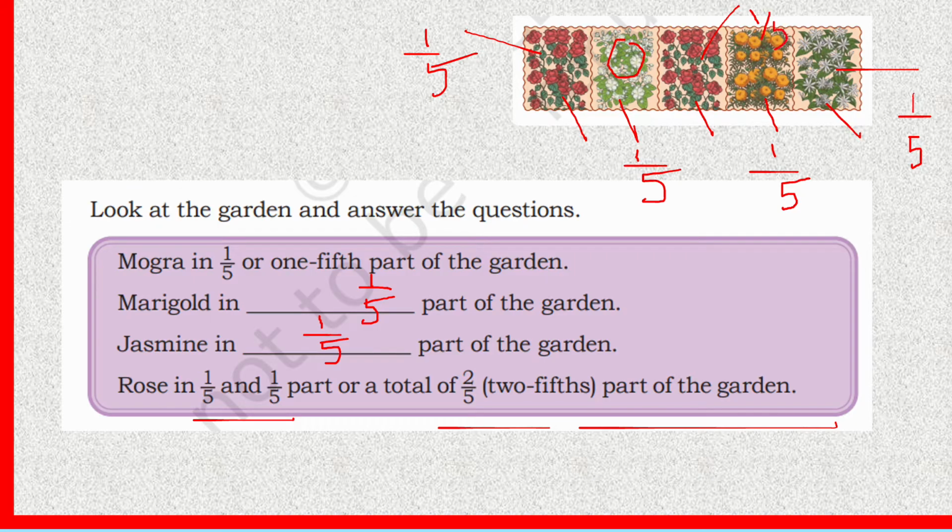So 1 by 5 plus 1 by 5 is 2 by 5. So in 2/5 part of the garden we have rose plants. In two parts we have rose plants, in one part mogra, one part marigold, one part jasmine. Total 5 parts.